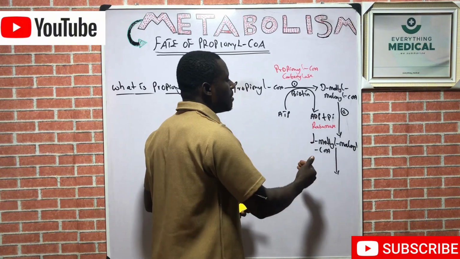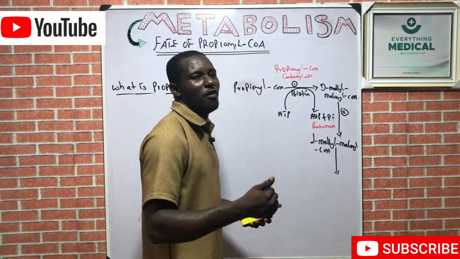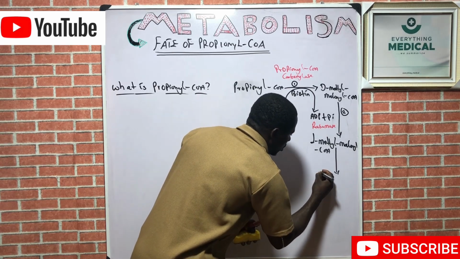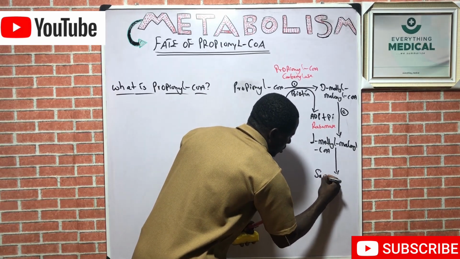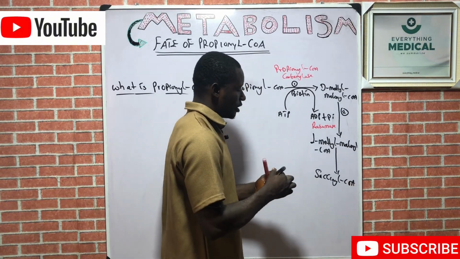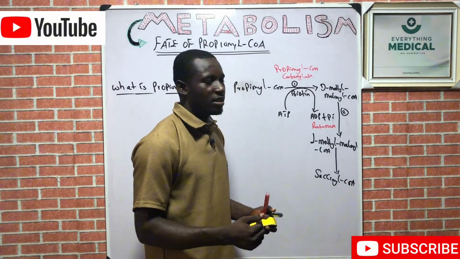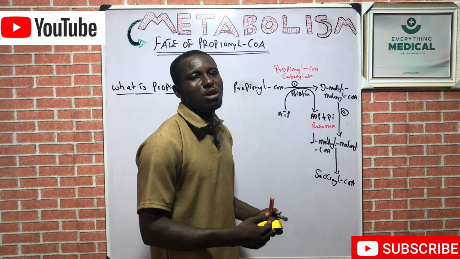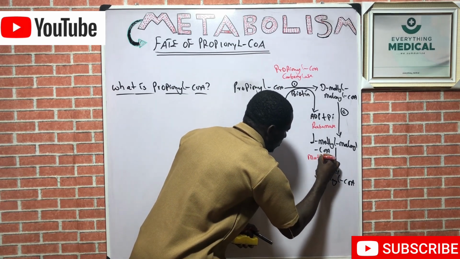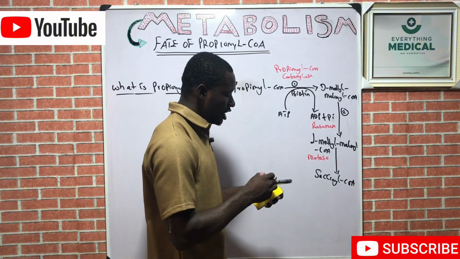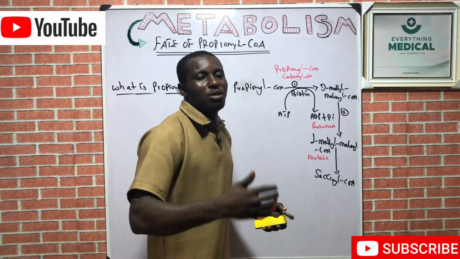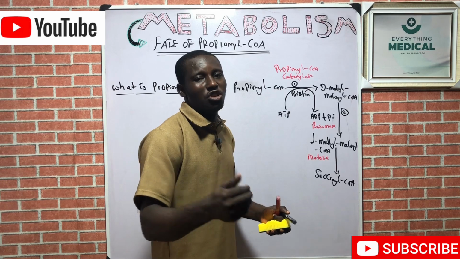Step 3, L-methylmalonyl-CoA is being converted to what? Succinyl-CoA, by the presence of an enzyme known as L-methylmalonyl-CoA mutase, or the mutase enzyme. This mutase enzyme requires the vitamin B12 coenzyme known as adenosyl B12.